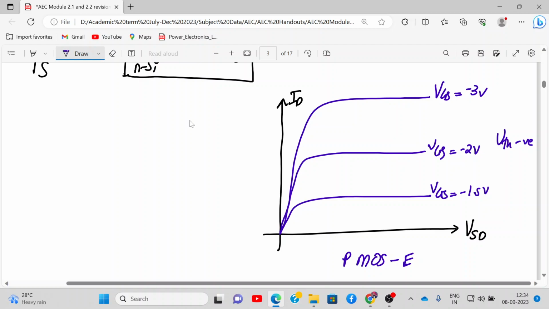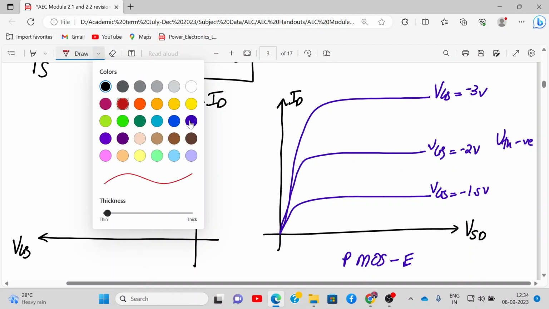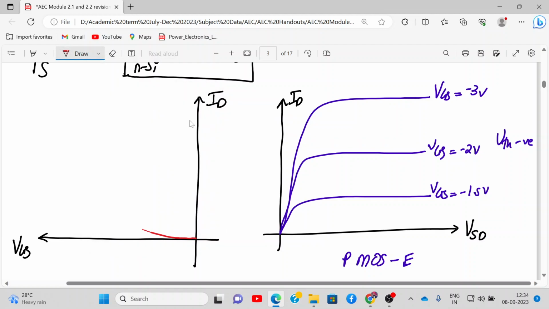E-type MOSFET. What will be the transfer characteristics? Anyone? ID will be positive, right? So this is VGS. How will it look like? It will go like this, reverse. And this is your threshold voltage, VTP actually.